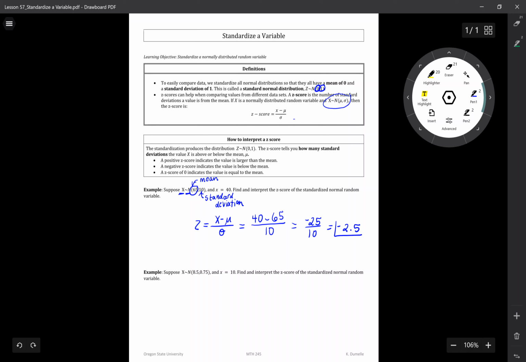This is my z-score, negative 2.5. So what is this telling me? Well, it's negative, so that means that this x value, 40, is below the mean. And how far below the mean is it? It is 2.5 standard deviations below the mean.